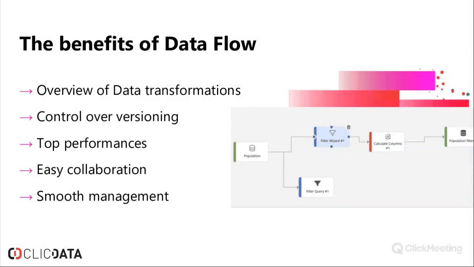So that actually brings me to the benefits of data flow. First of all, the big benefit of data flow is that you have a very clear overview of all the data transformations in one place. And the second one is the versioning. As I just said before, you need to actually define when you want your output table to be refreshed. And that means as well that you can work on a data flow without executing it. Let's imagine that your output table is used maybe in a dashboard that is live.